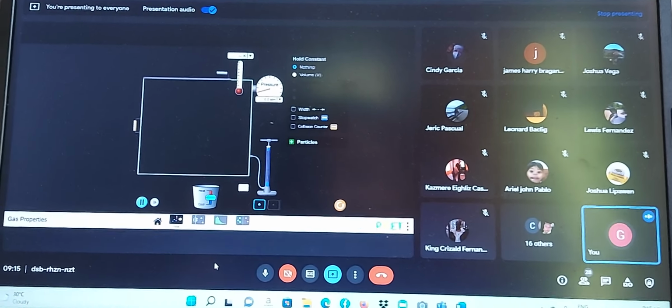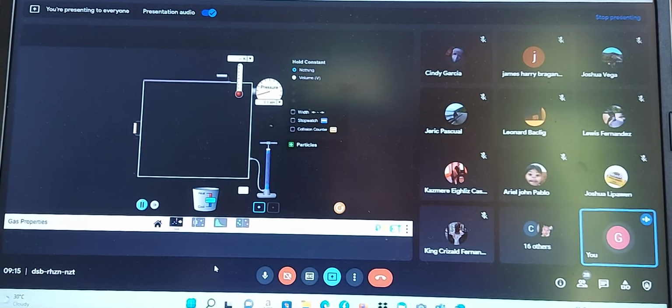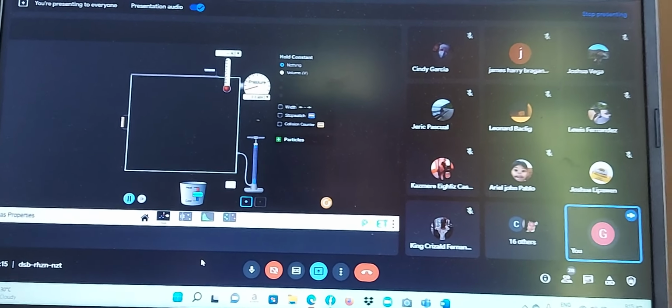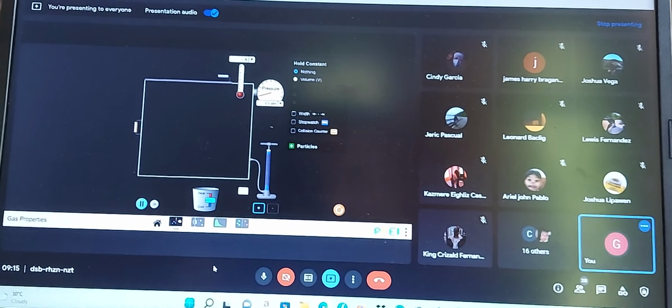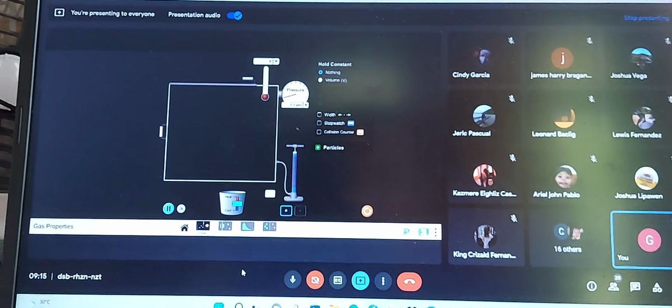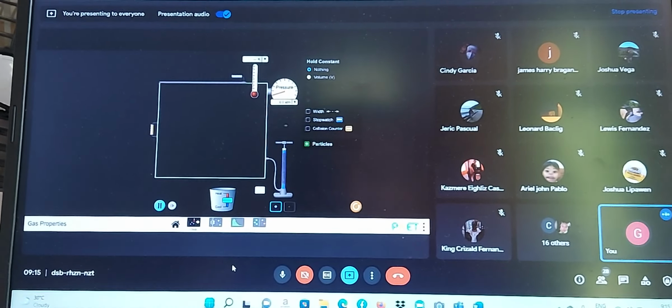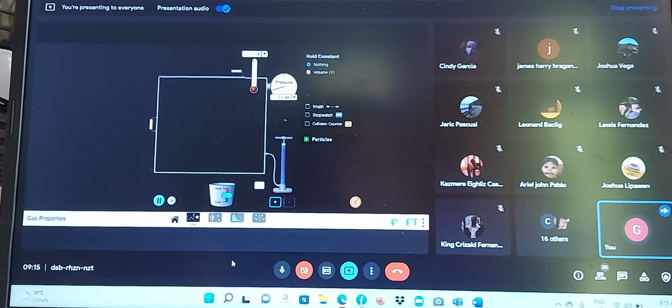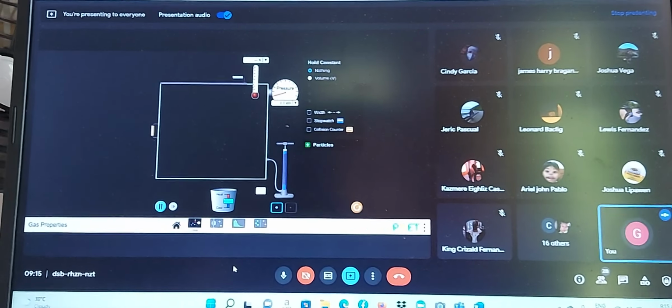The link of this virtual laboratory site is in your workbook, so you can click that. If it doesn't work by clicking it, you copy it and put it in the search box on the internet.